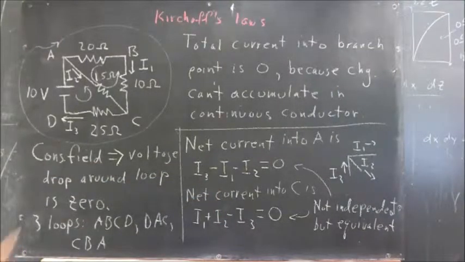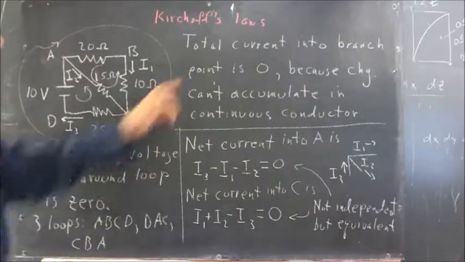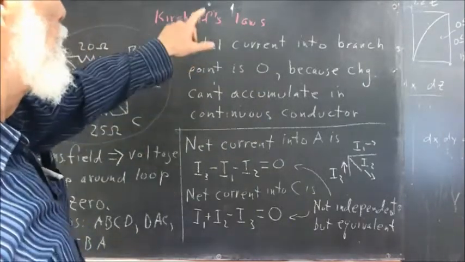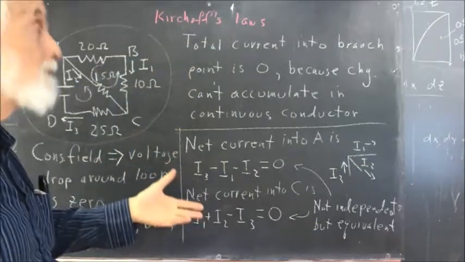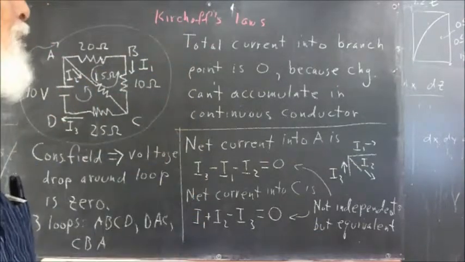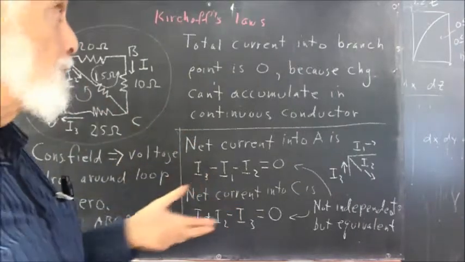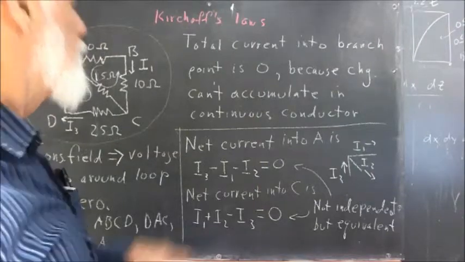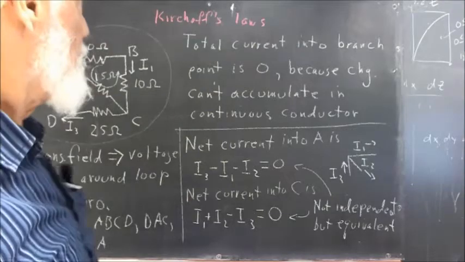Now these rules, that the voltage drop around a loop is 0 and that the total current into a branch point is 0, are called, now how do we pronounce this? I've heard it pronounced Kirchhoff. Sounds like somebody sneezing. Kirchhoff is probably closer to the correct pronunciation. Most Americans just say Kirchhoff.